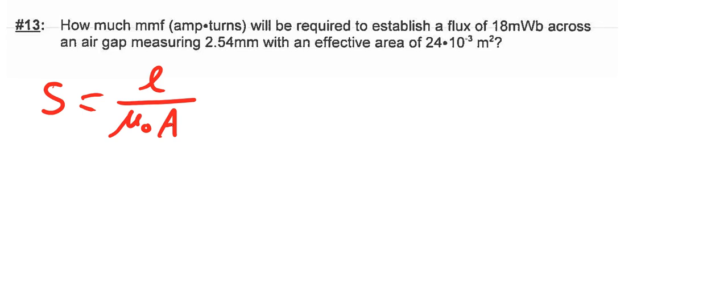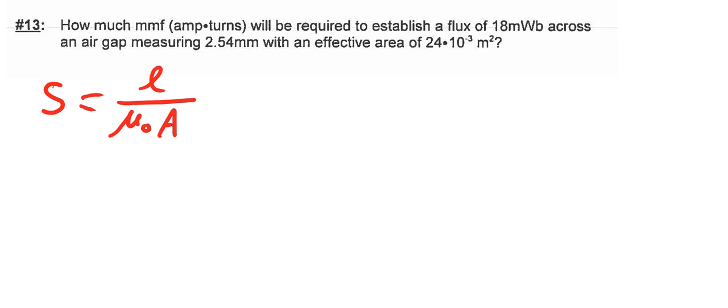And so remember, here mu naught is the permeability of free space, and it represents, I guess, how easy or difficult it is to set up flux in the air, which again is considered to be free space, I suppose.